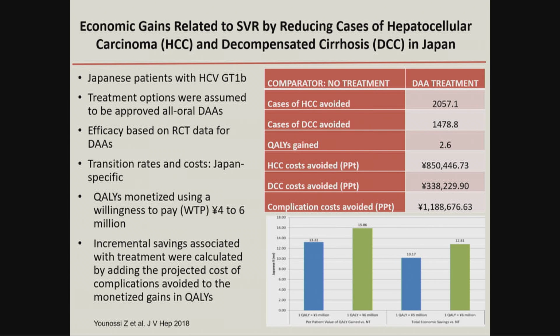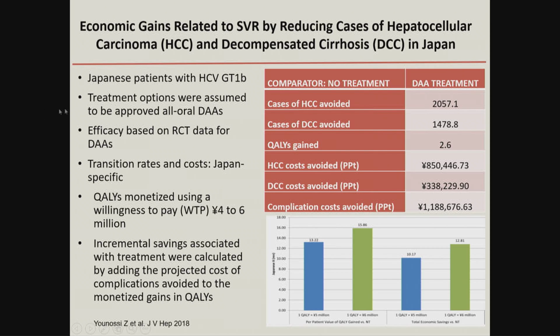Finally, one way to look at cost effectiveness of a regimen, or at least economic impact of a regimen, is to see if, even if you're not going to change the mortality, can you actually reduce cost related to complications of cirrhosis such as hepatocellular carcinoma and decompensated cirrhosis. We looked at the data from Japan just because HCC is a major cause of cancer in Japan, and most of the Japanese patients with hepatitis C are infected with genotype 1b.